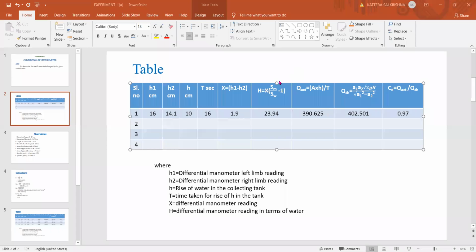Sir? Have you copied this table in your book? Yes, sir. No. Why? I'm copying, sir. You need time to copy. Yes, make it fast, make it fast. Okay, sir, unmute yourself.